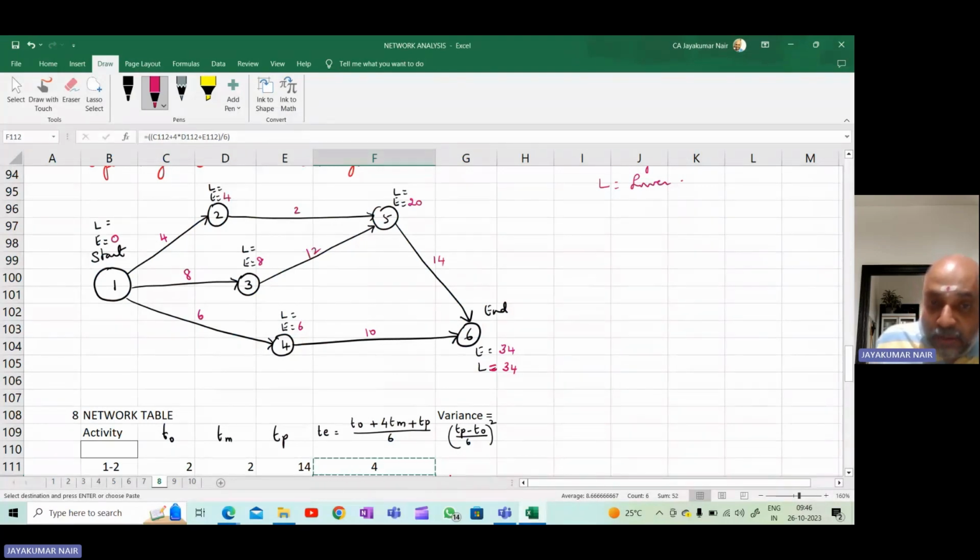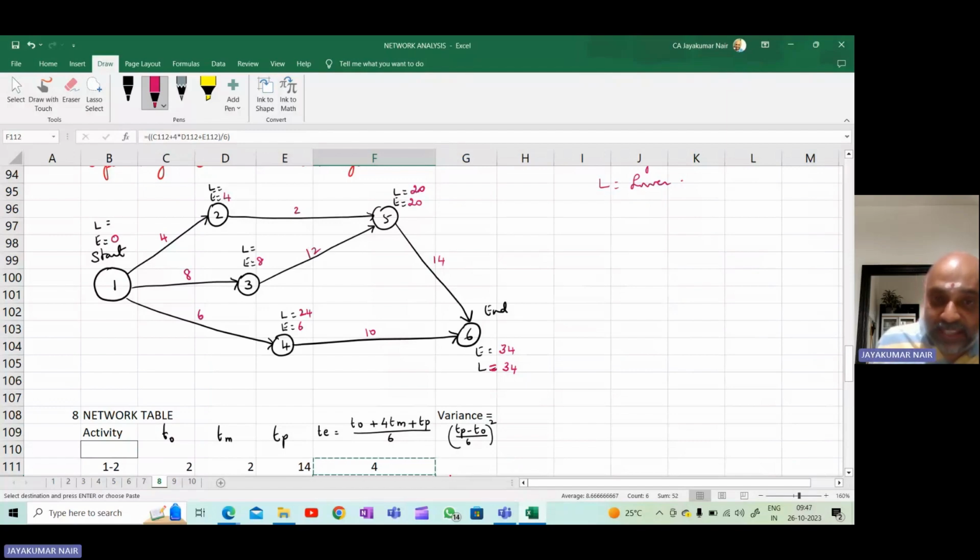Now there's only one line coming from 5, so 34 minus 14 is 20. Now to come to 4, there's only one arrowhead, therefore 34 minus 10 is 24.